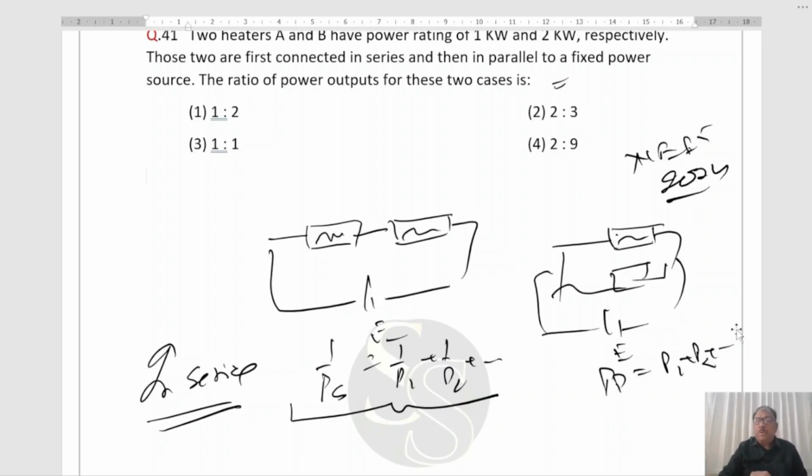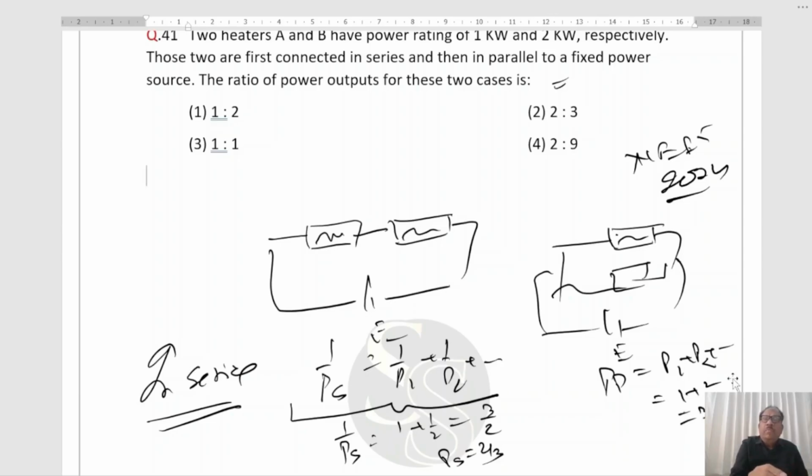Now with 1 and 2, 1 over PS is 1 plus 1 by 2, which comes out to be 3 by 2, so PS comes out to be 2 by 3. PP is 1 plus 2, that is 3 kilowatt.